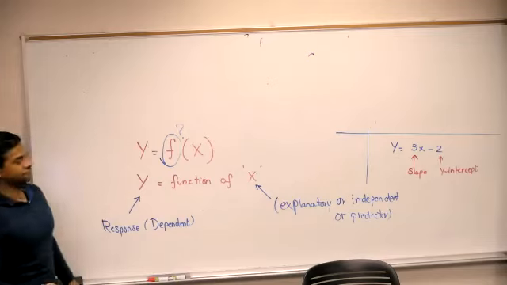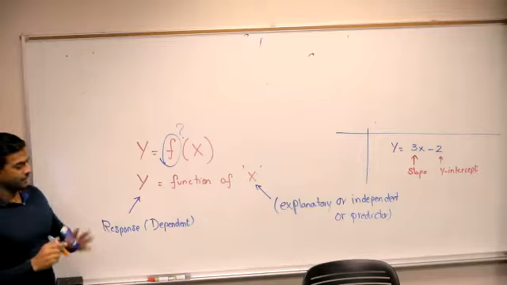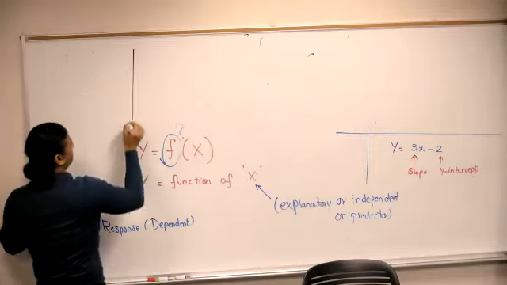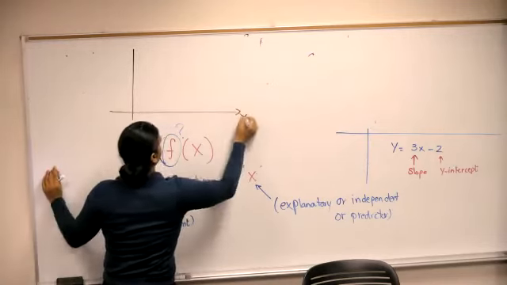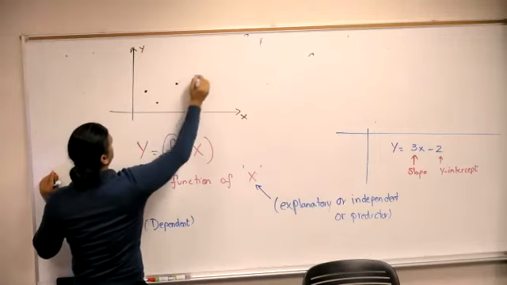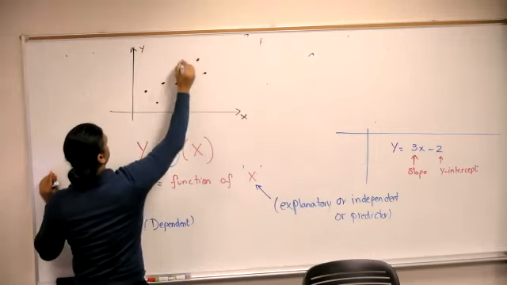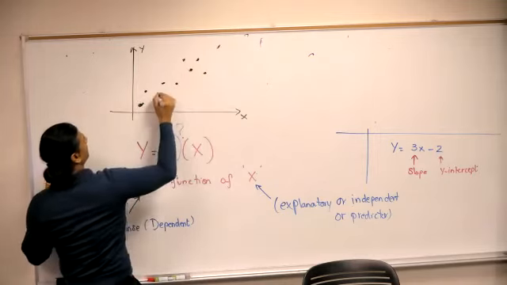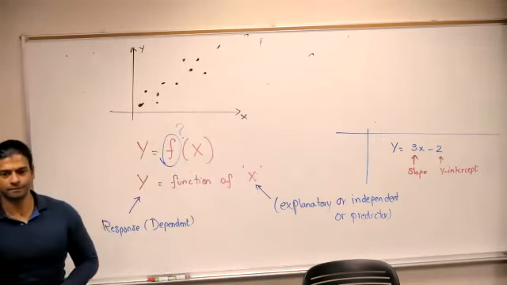How do we find that function? First, we obtain something called a scatterplot. Each of these dots represents a data observation. Good.